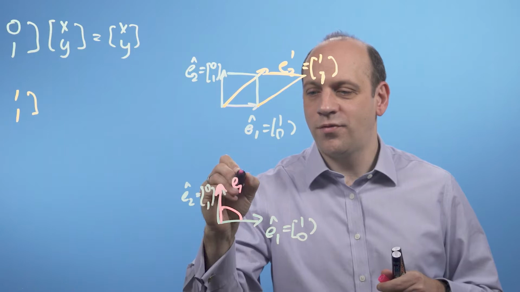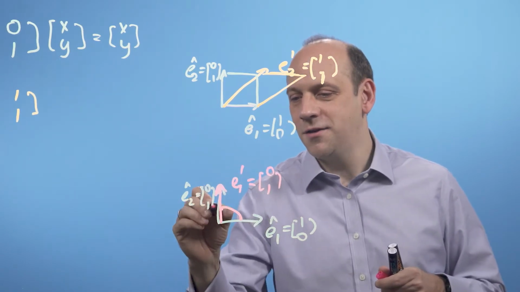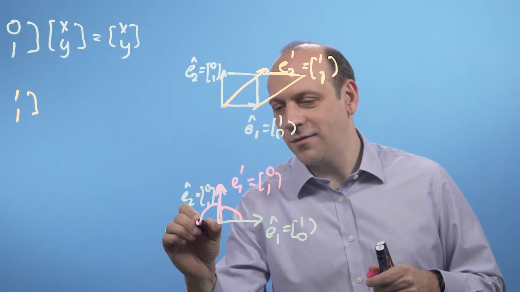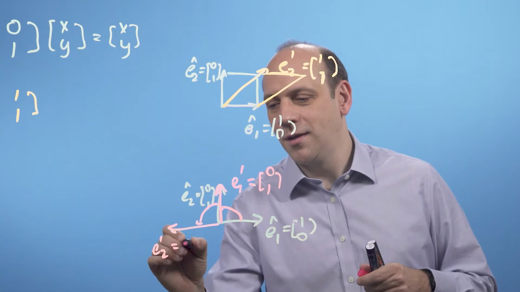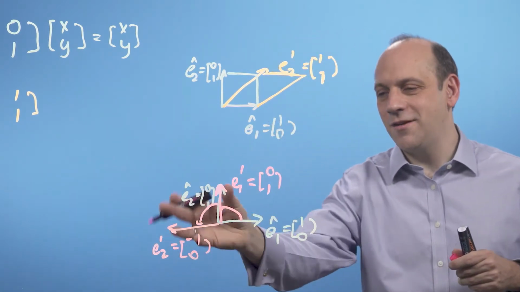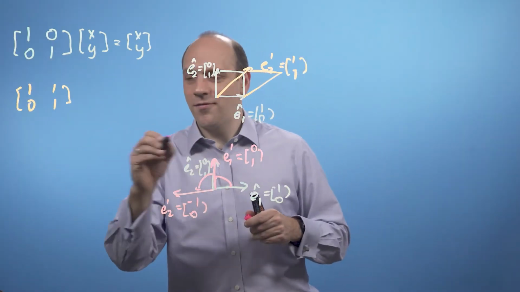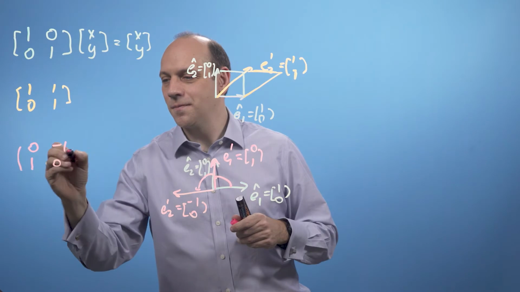So E1 primed is going to be equal to 0, 1. And E2 hat is going to go round to here, and E2 primed is going to become -1, 0. So that 90-degree rotation there is going to have the transformation matrix 0, 1, -1, 0.